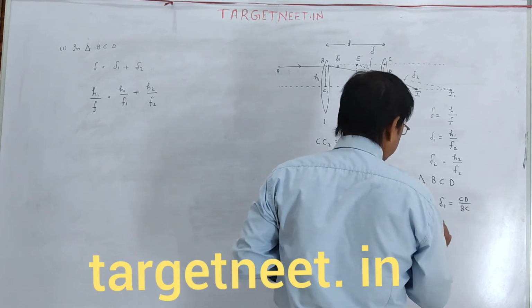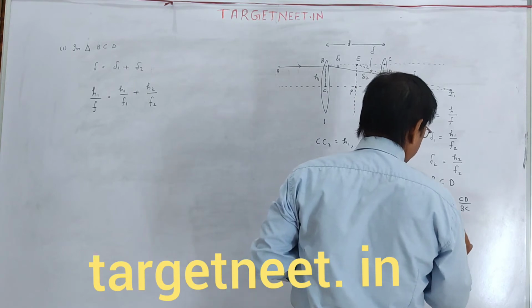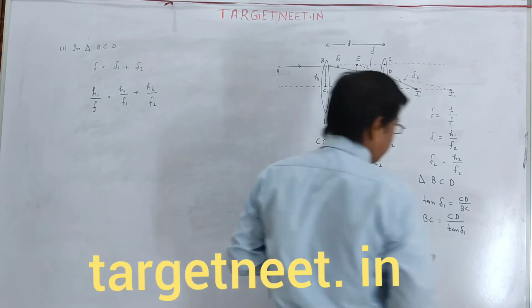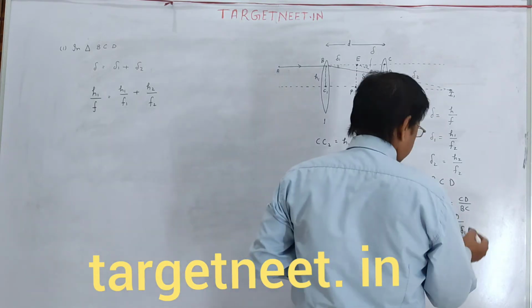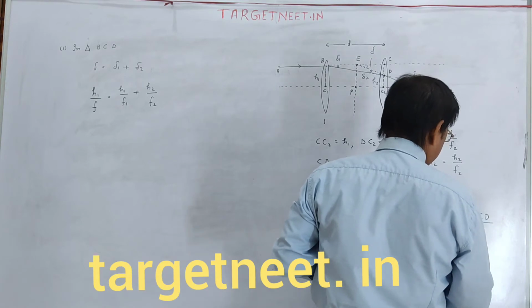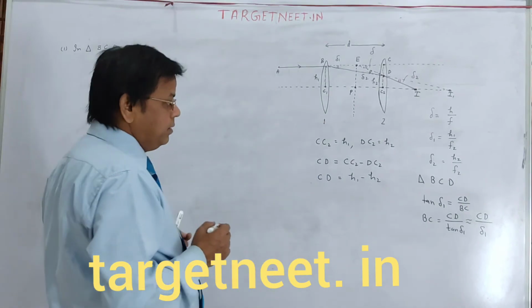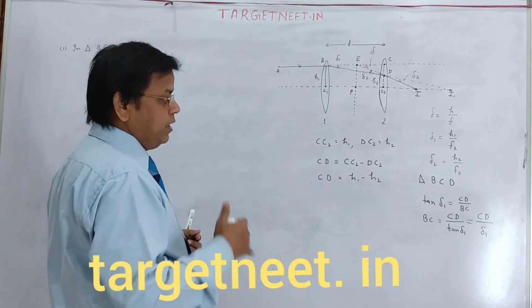So BC is CD upon tan delta 1, and as the angles are small, in place of tan delta 1 we can write delta 1 only, and delta 1 will be H1 upon F1.